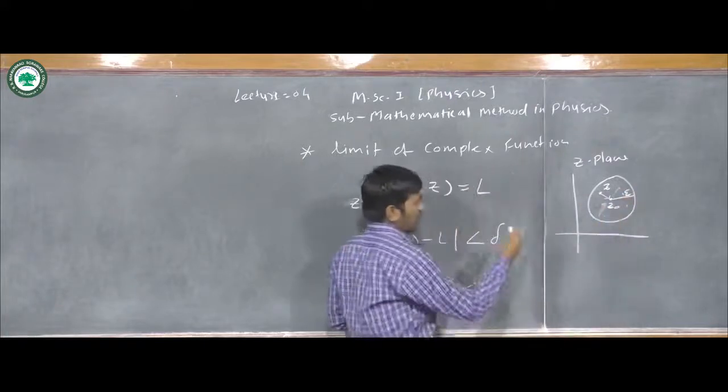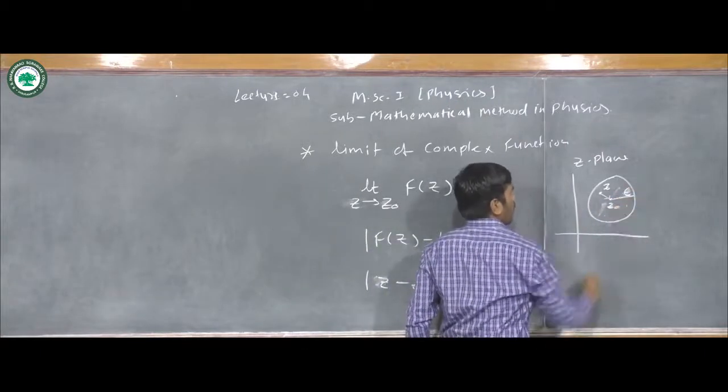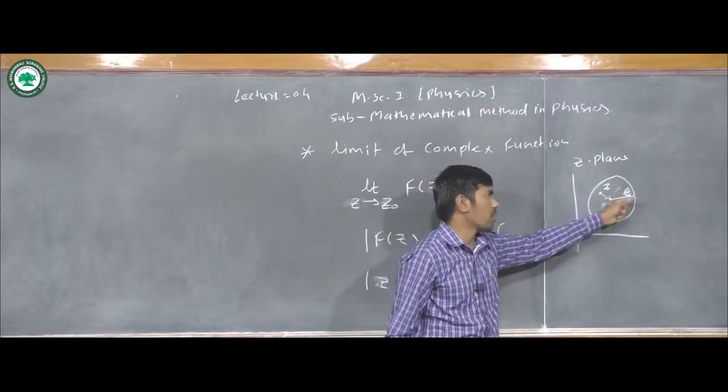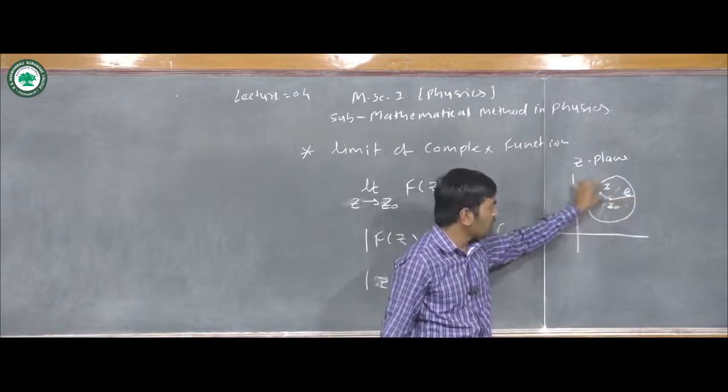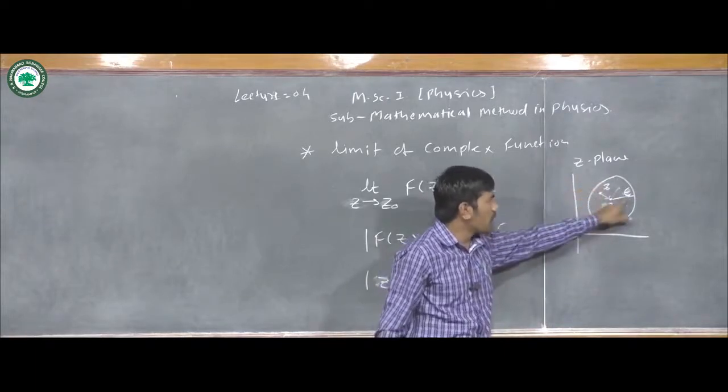This is positive, and you can consider any value depending on what you are considering. This is a very small quantity, so the difference between z and z naught is less than this.